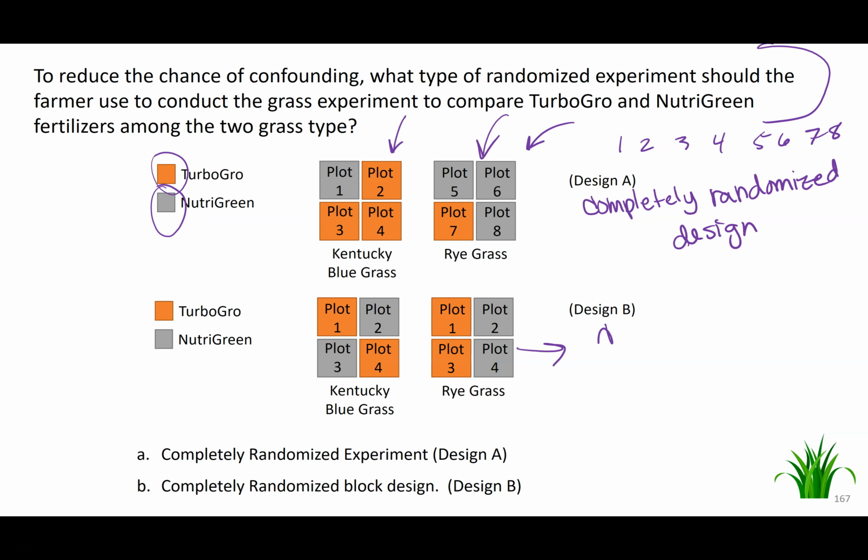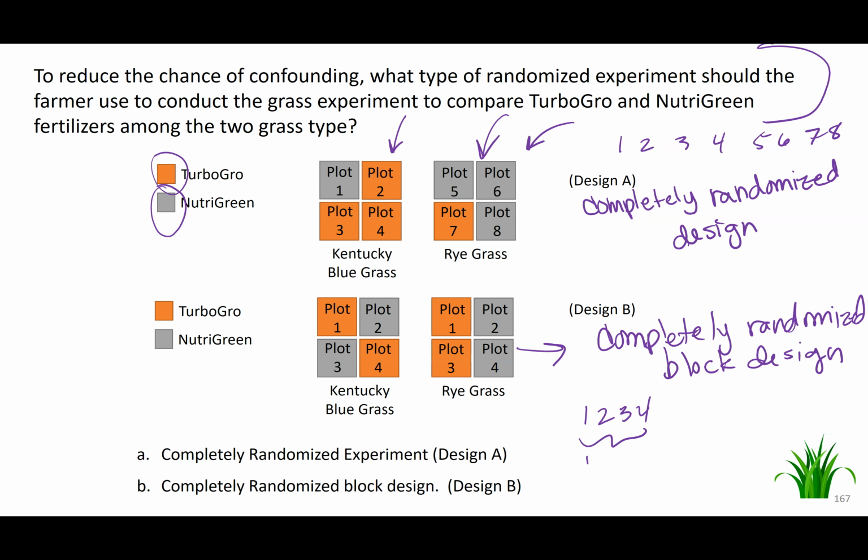So this is the completely randomized block design. They said, okay, I have 1, 2, 3, 4 for the Kentucky bluegrass, and they assign half to each. Then for the ryegrass, they have 1, 2, 3, 4, and they assign half to each.